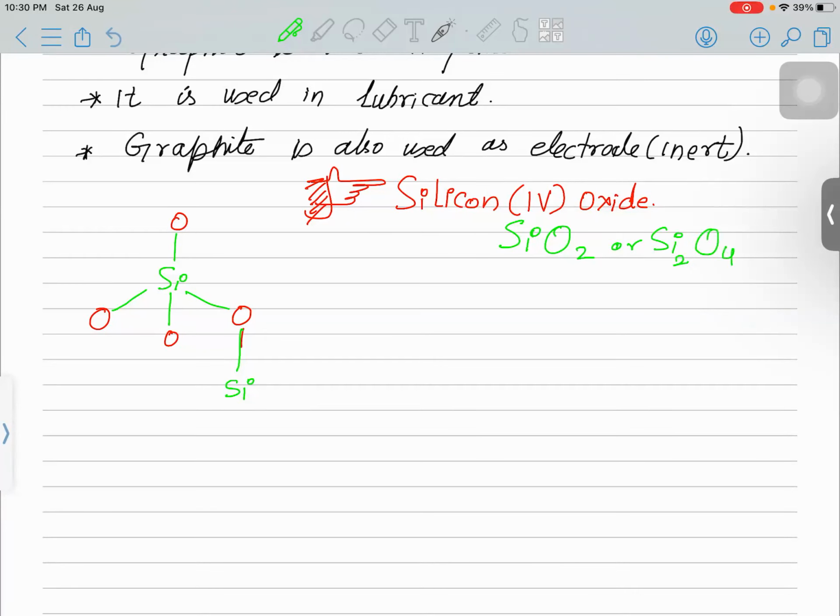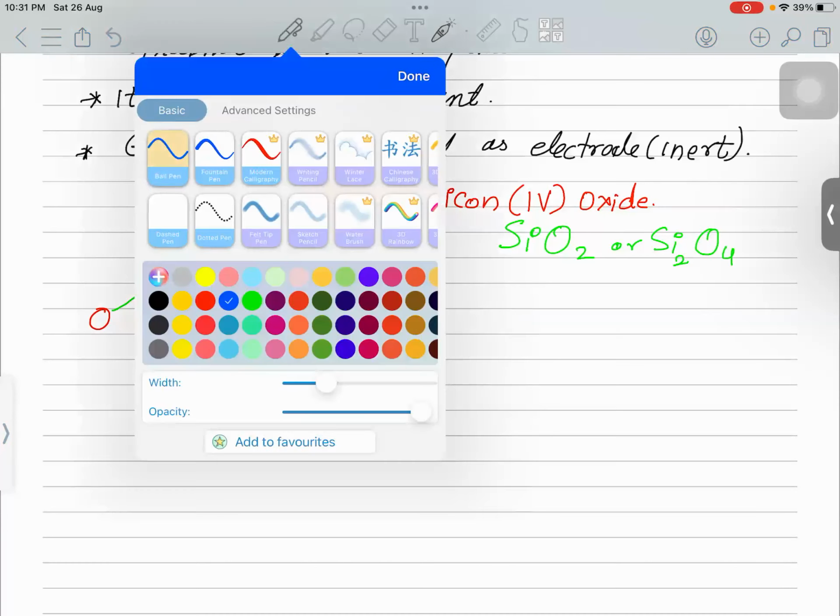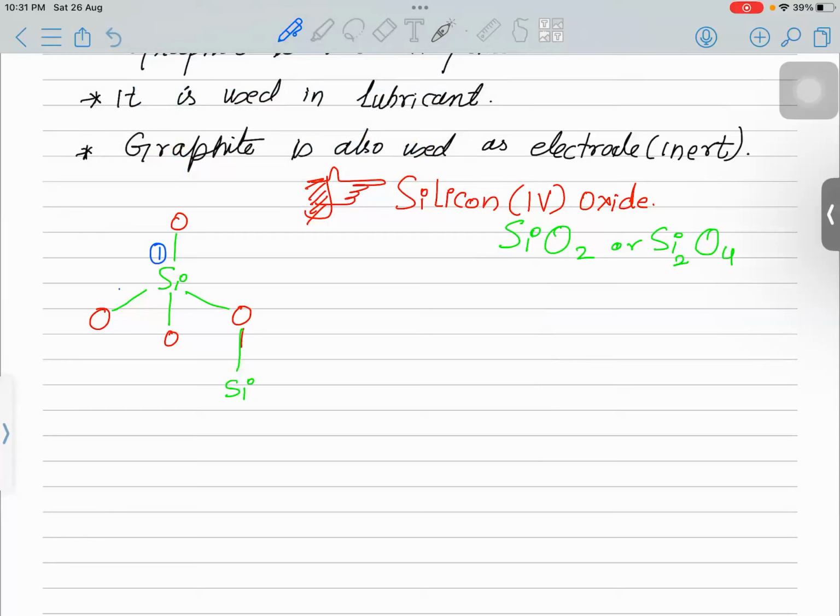SiO2 is the empirical formula, Si2O4 is the molecular formula. Each silicon atom is tetrahedrally joined: one, two, three, four.